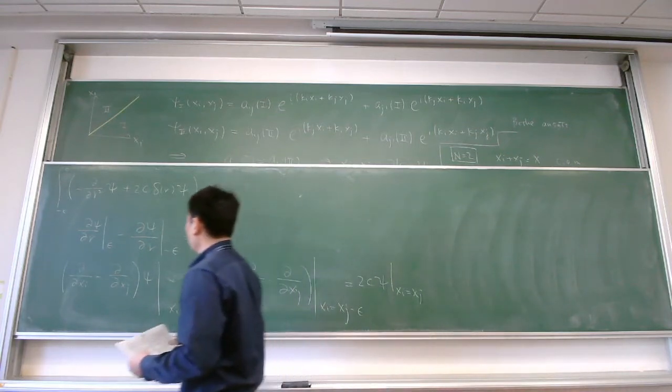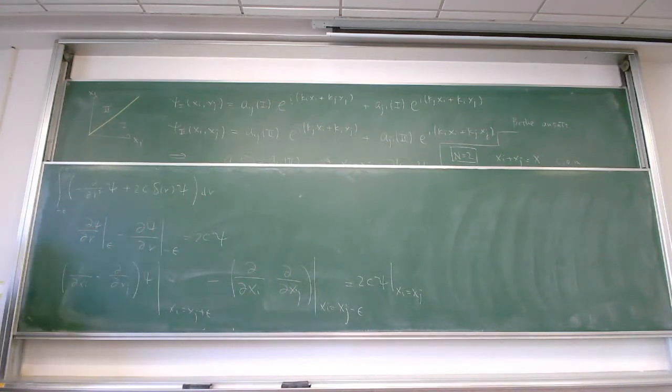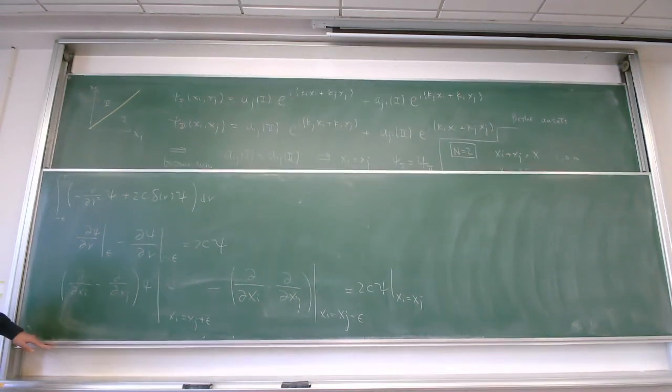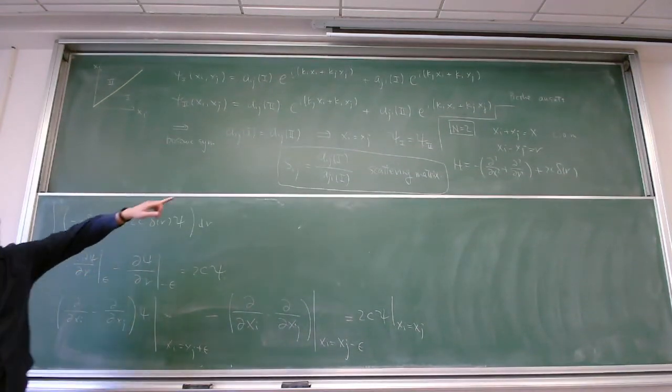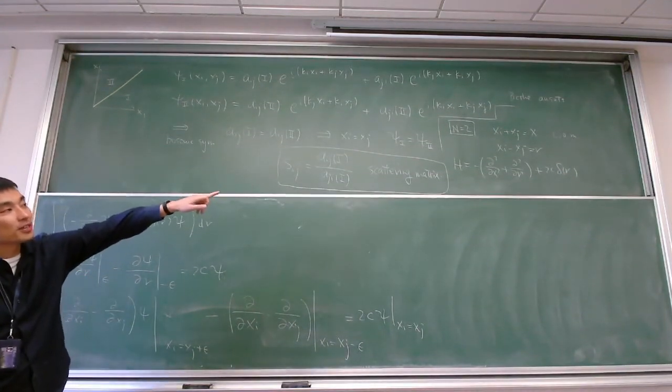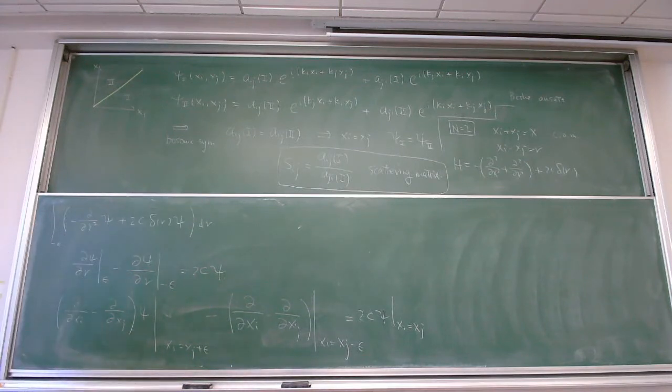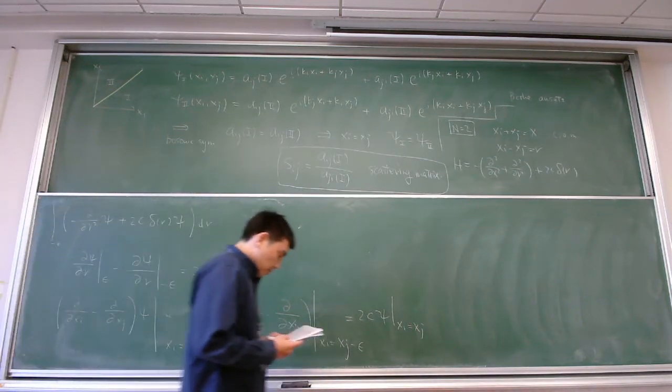Okay, so this is the equation. You just bring back the relative coordinate r and write it in terms of xi and xj. Then it becomes like this.